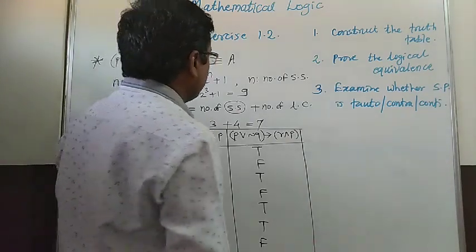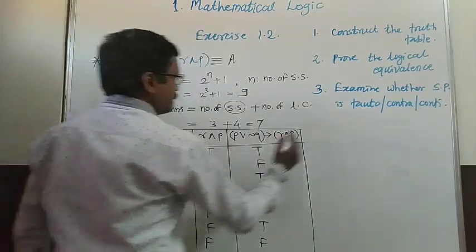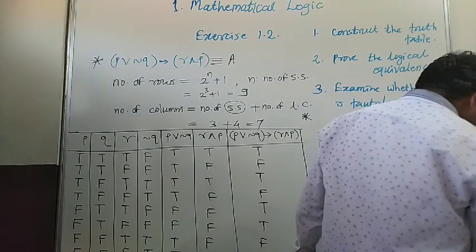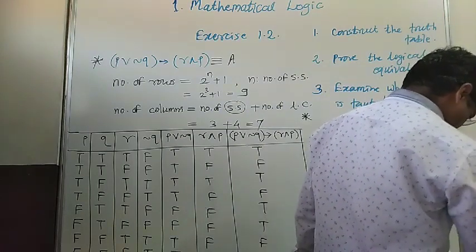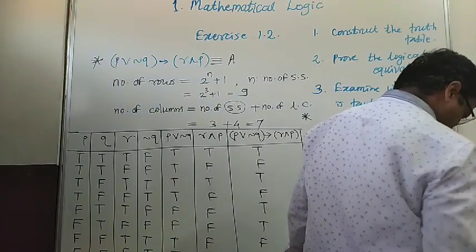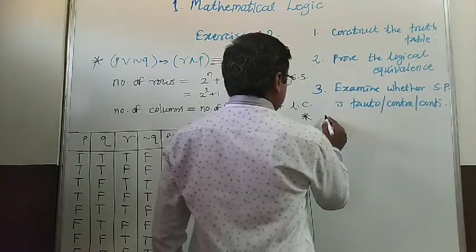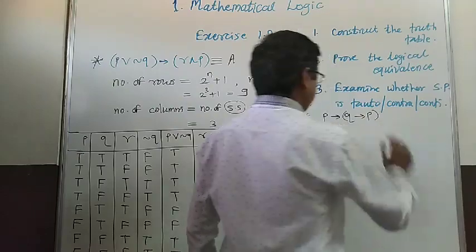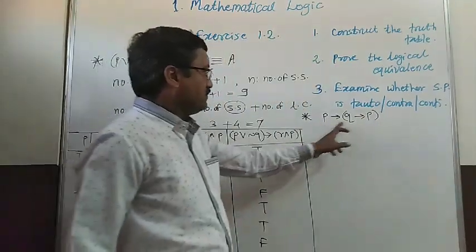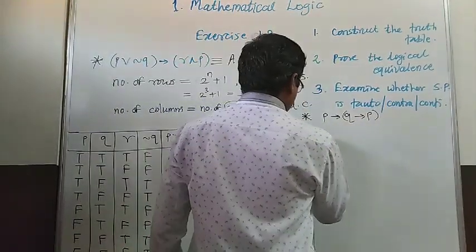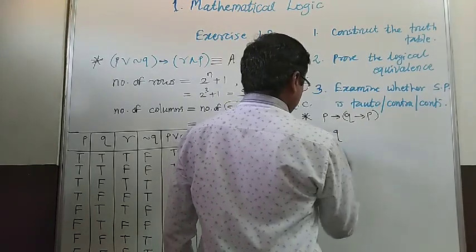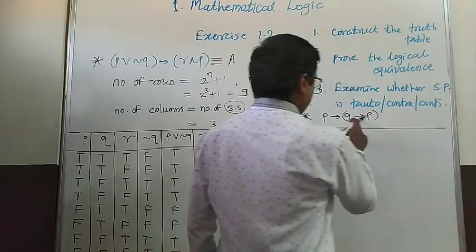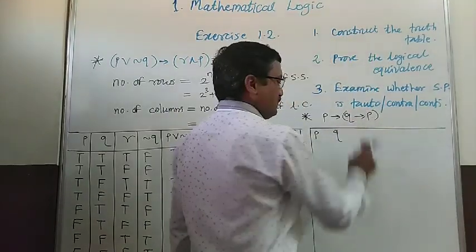Let us see one more example, a simple example: P implies Q implies P. Here we have only two statements, so we need P, Q, and the logical connectives are only two.